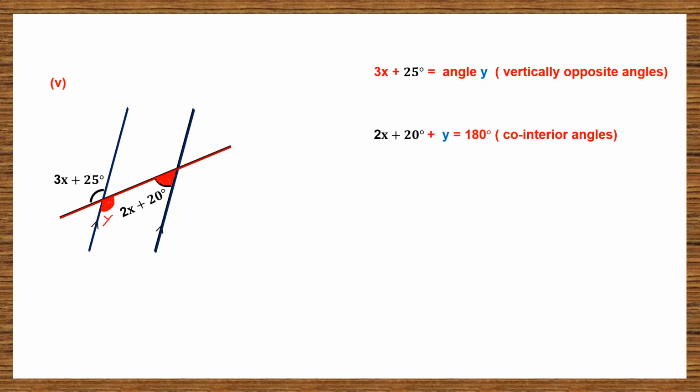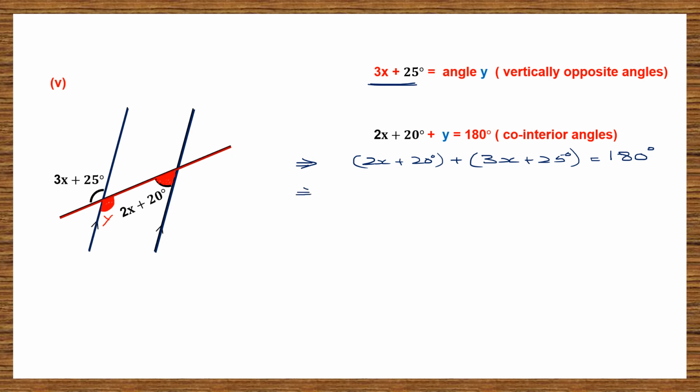So that will be 2x plus 20 degrees, this is one angle, plus another angle, that is y, which is 3x plus 25 degrees. These are two angles and they add up to 180 degrees.